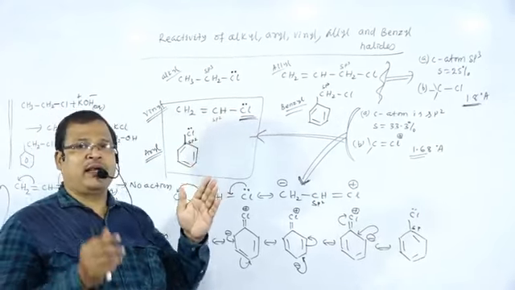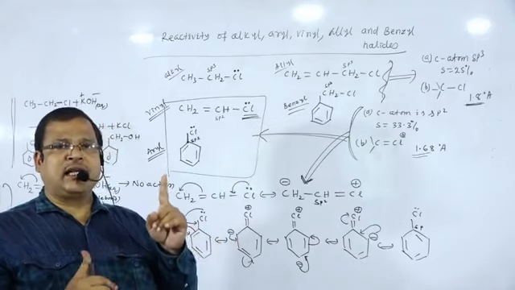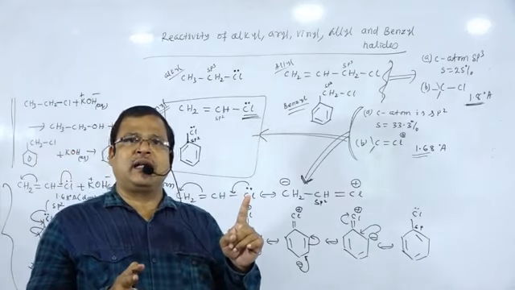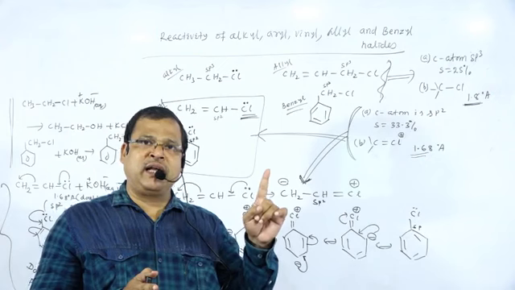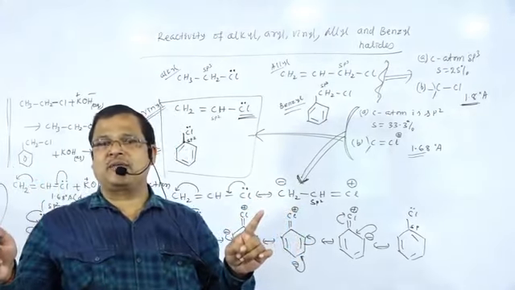Broadly we have divided these reacting species into two sets: chlorine attached to an sp3 hybridized carbon atom, and chlorine attached to an sp2 hybridized carbon atom.